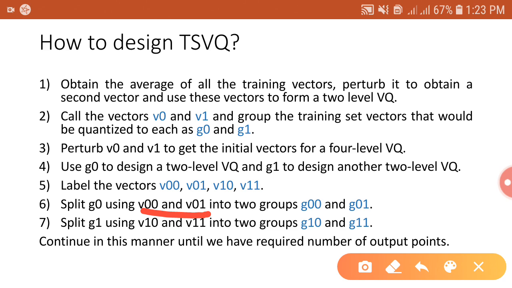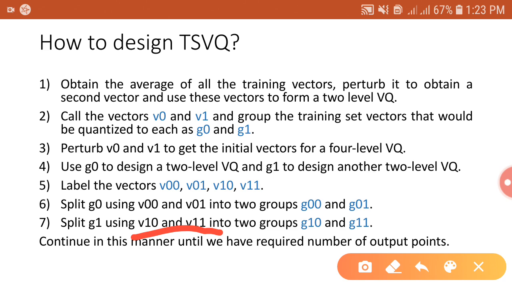Now the next step is to split G1 using the two code vectors V10 and V11 into two groups G10 and G11. So you get G10 and G11 from the initial group G1. So you have four groups, right? G00, G01, G10 and G11.